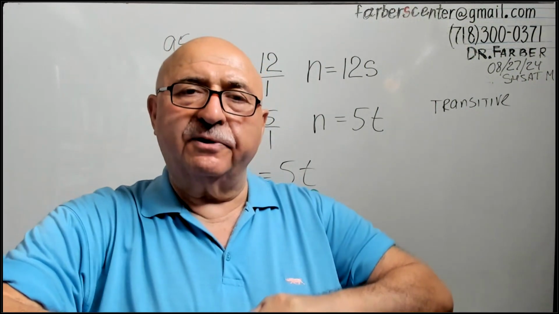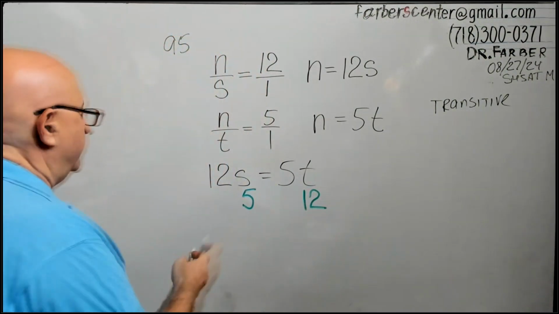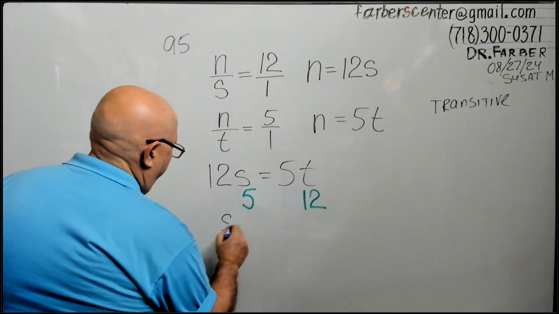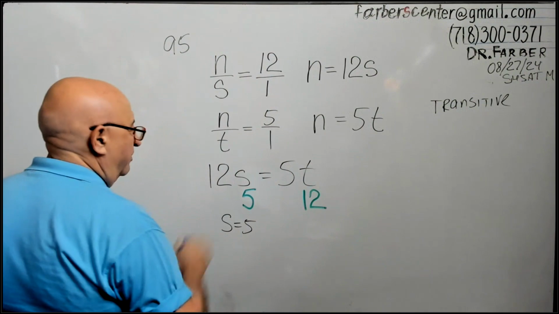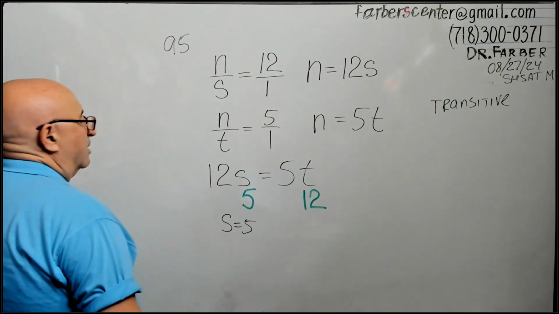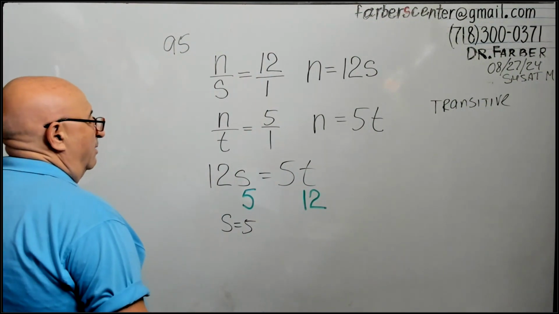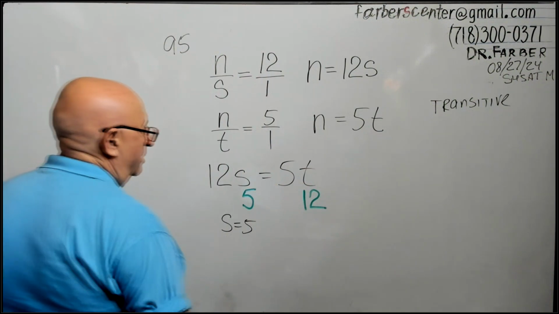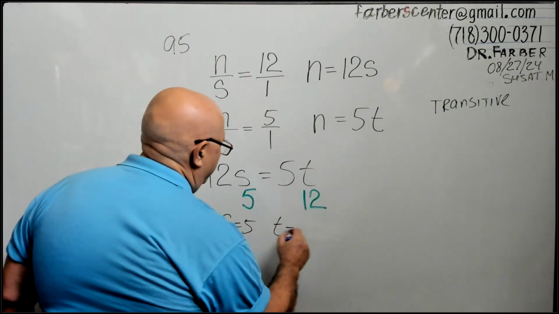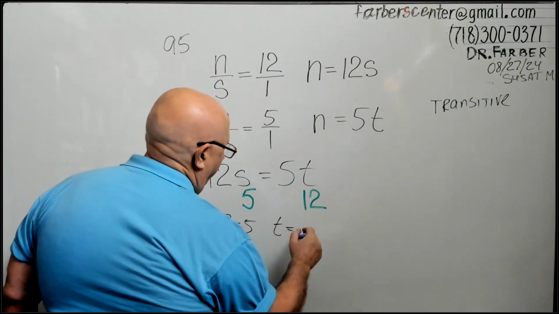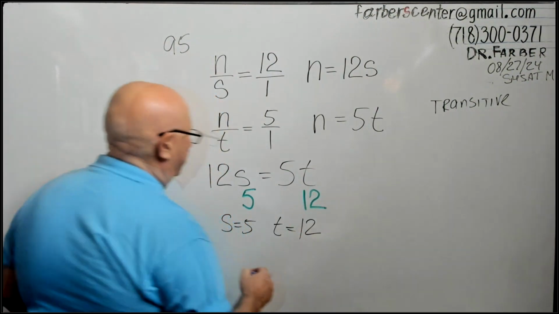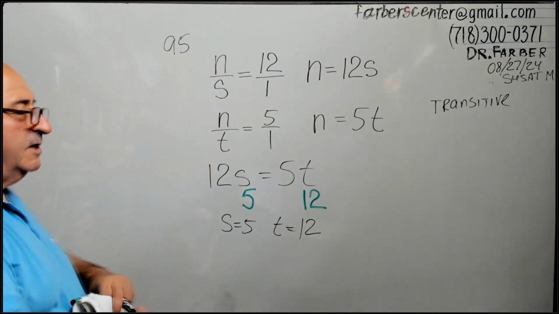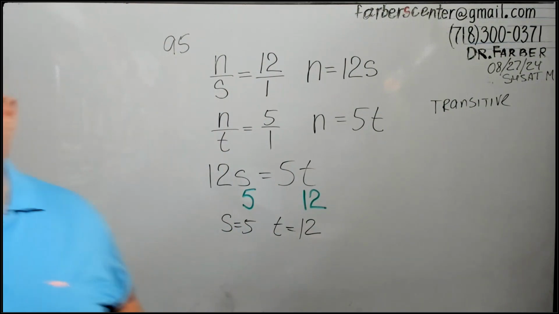So from here, s equals 5, not 12. If somebody wrote 12 and 5, this is wrong. And t equals 12 based on beautiful symmetry. Who understands this 100%? Beautiful symmetry.